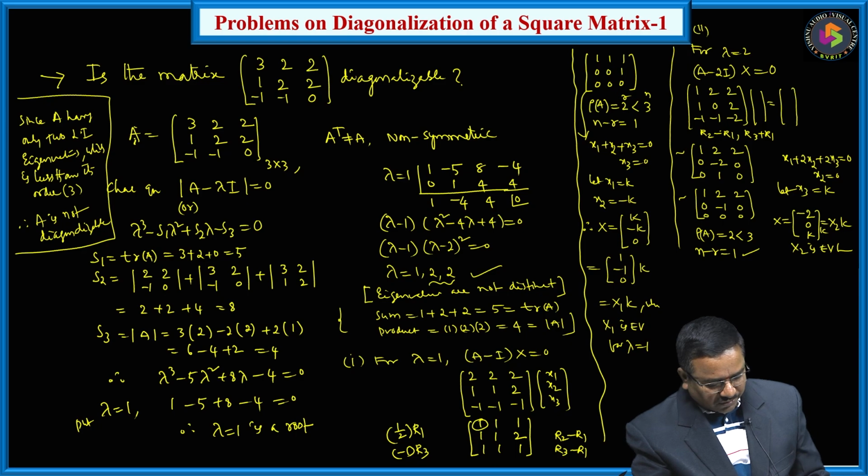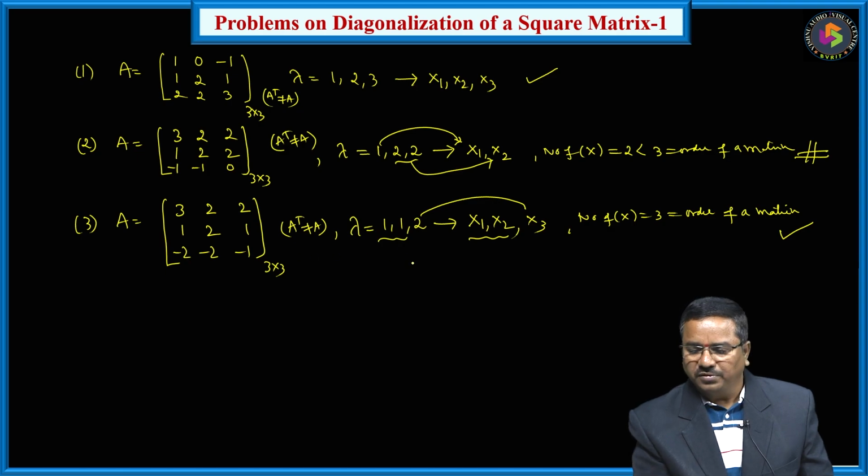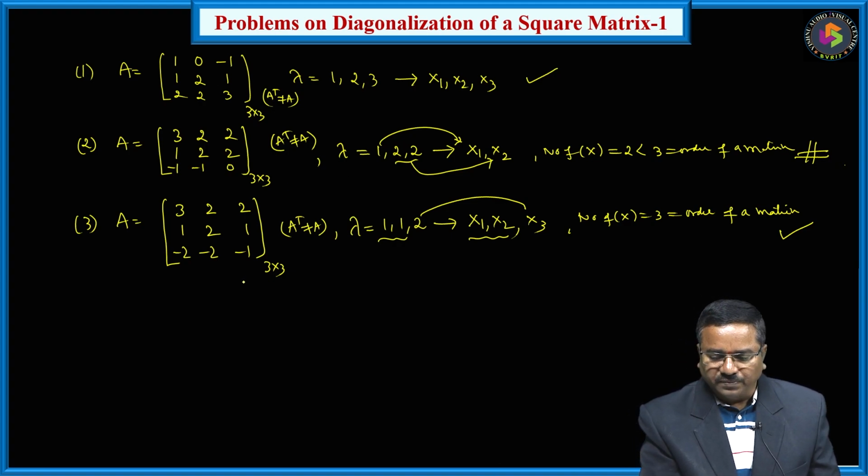But coming to this one, the second one we did, here we got 1, 2, 2. For 1 we got one eigenvector, but for the repeated root 2 we got only one eigenvector. Finally totally we got only 2 eigenvectors, which is less than the order of the matrix, therefore it is not diagonalizable. But coming to this problem, you have to work it out as homework.